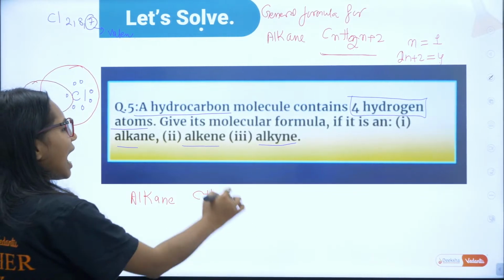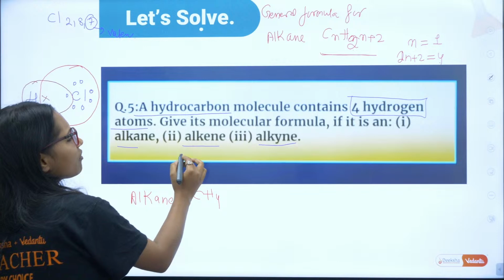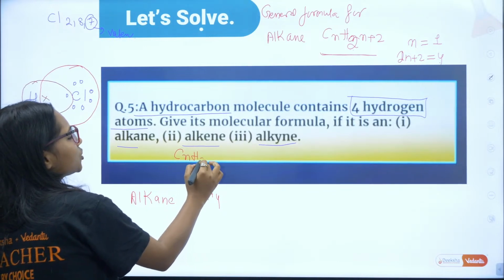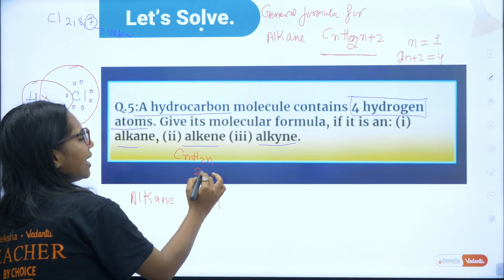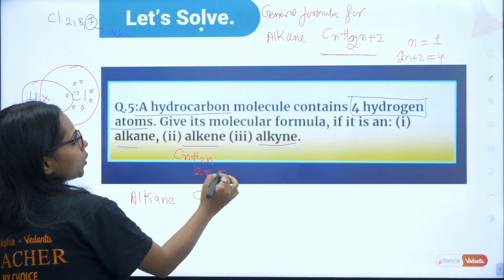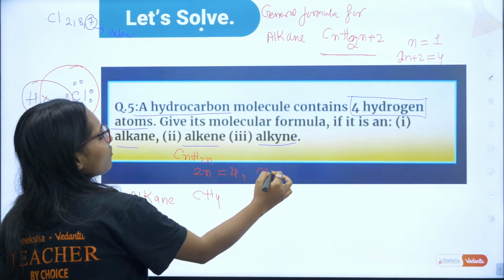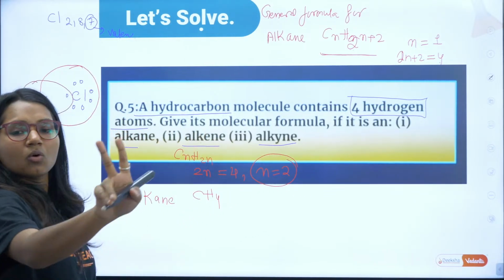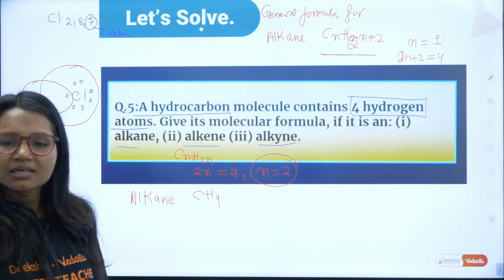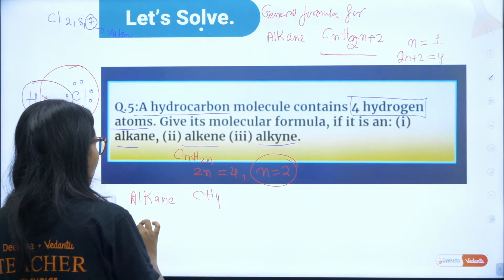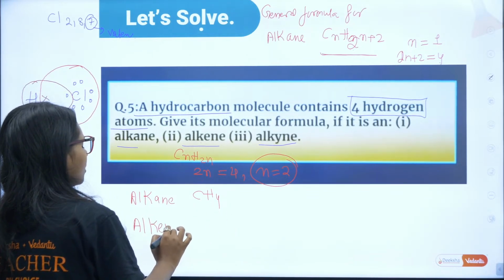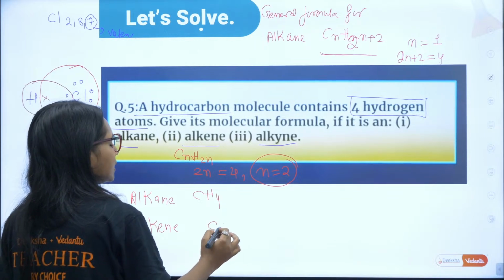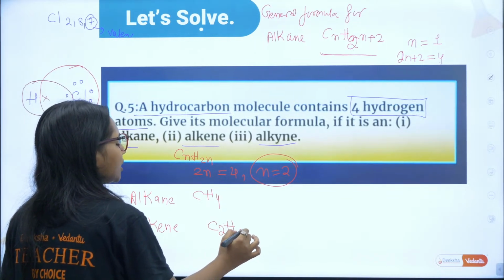Correct? If it is alkene, what is the general formula for alkene? CnH2n. In this case, 2n is equal to 4. The n value will come out as 2. It means that there are 2 carbon. Yes, very good. So if it is alkene, it will be C2H4.